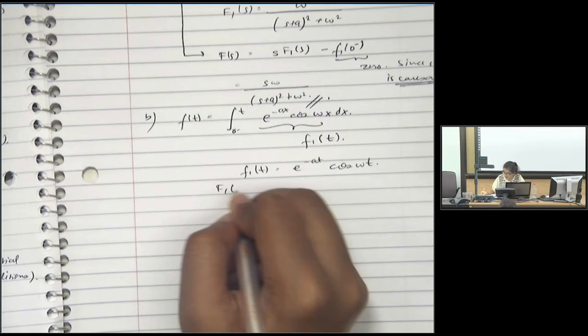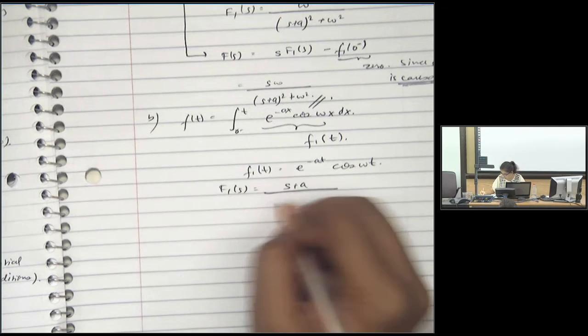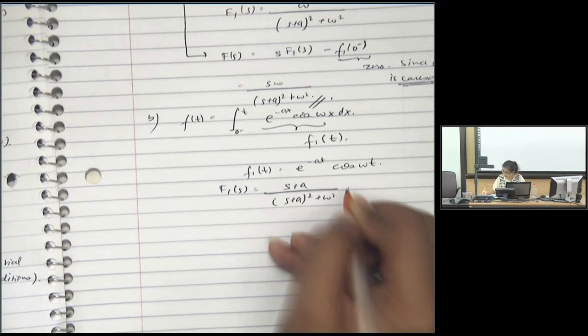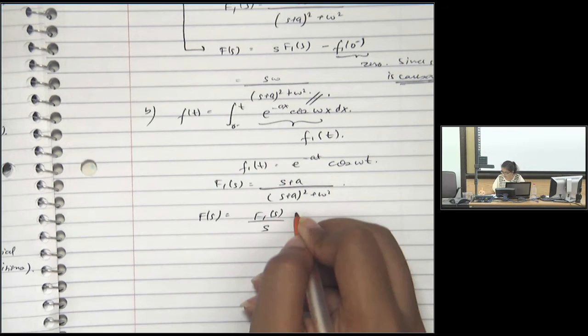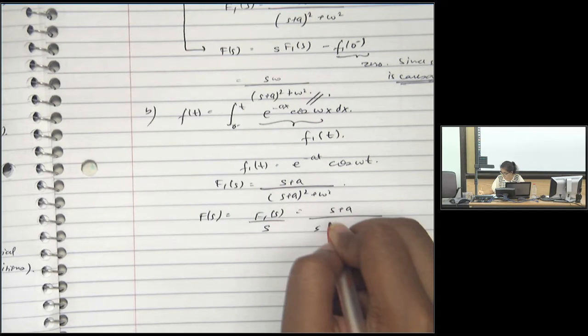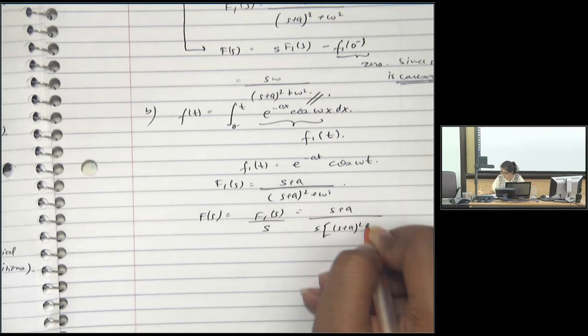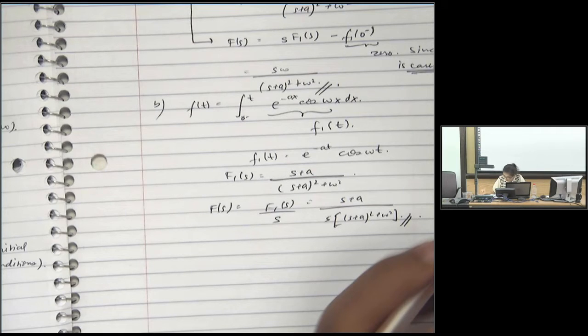My F1 of s is, again, I'm using the tables directly, s plus a over s plus a squared plus omega square, and my F of s from my property is F1 of s over s. Okay, so very simple implementation of our properties.